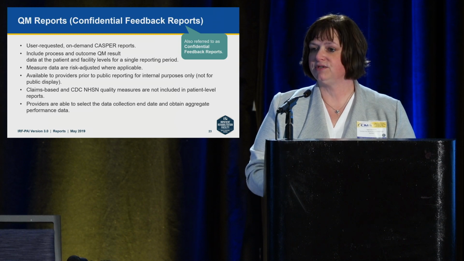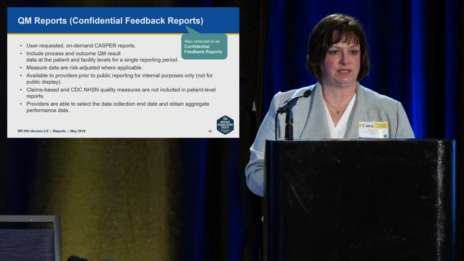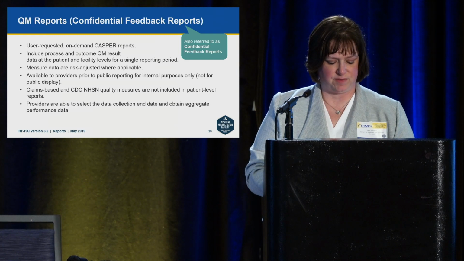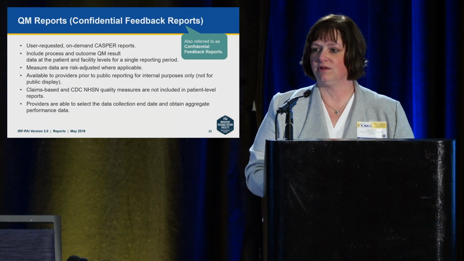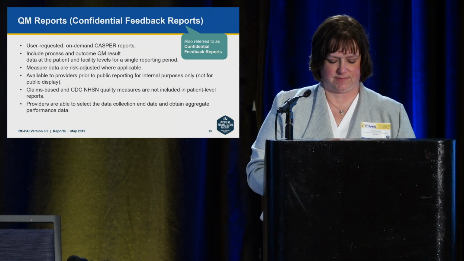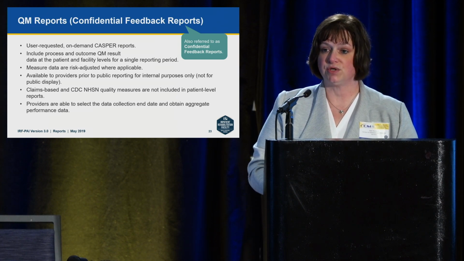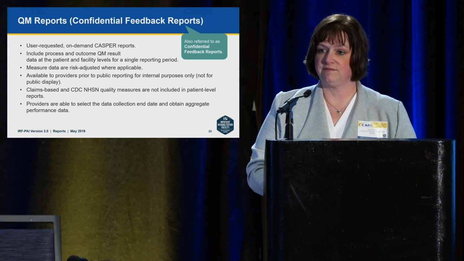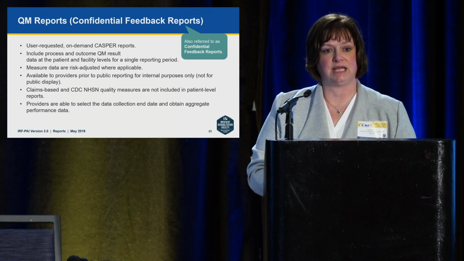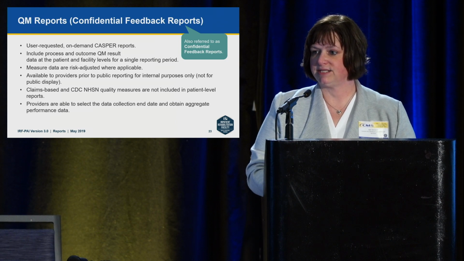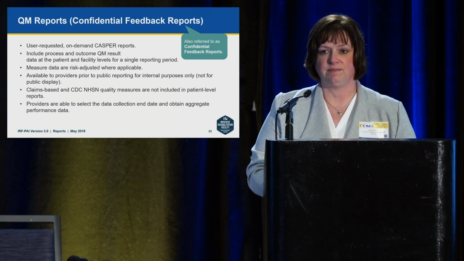There are 2 different kinds of quality measure reports: the facility level and the patient level quality measure report. The patient level report only contains assessment-based quality measure data, whereas the facility level report, as you know, contains the assessment-based data and the CDC NHSN measures, as well as the claims-based measures.